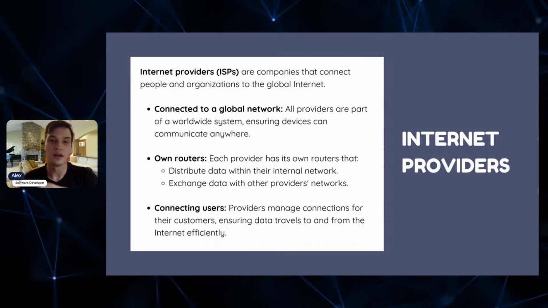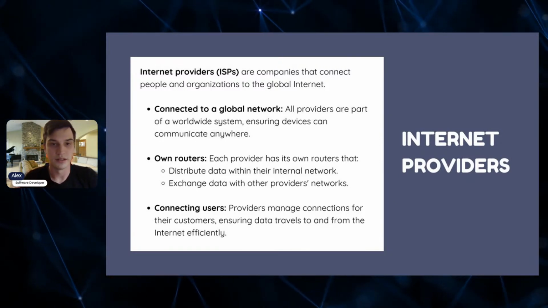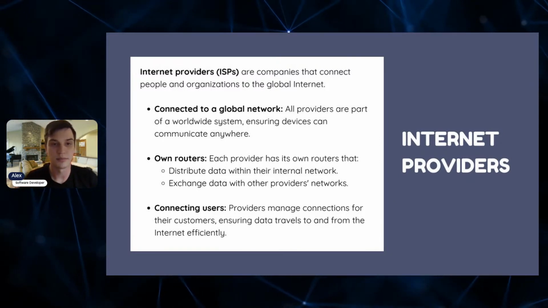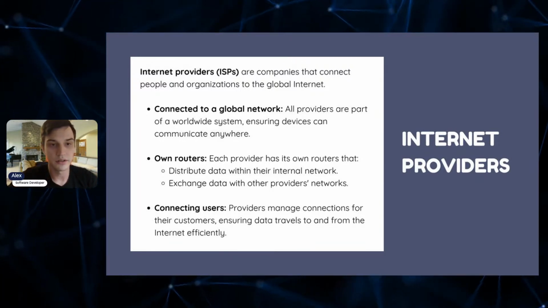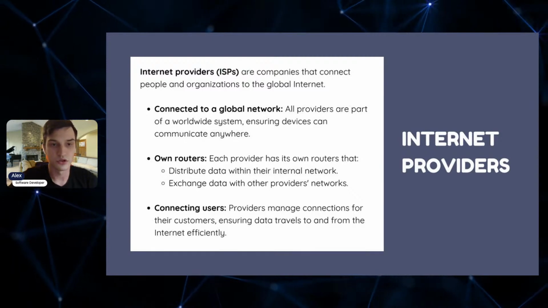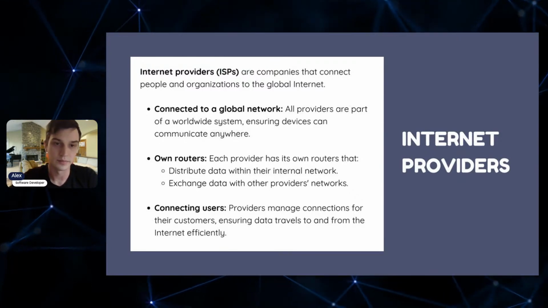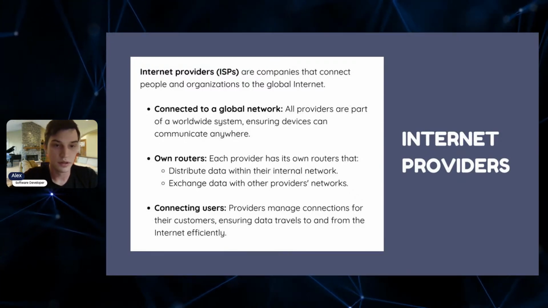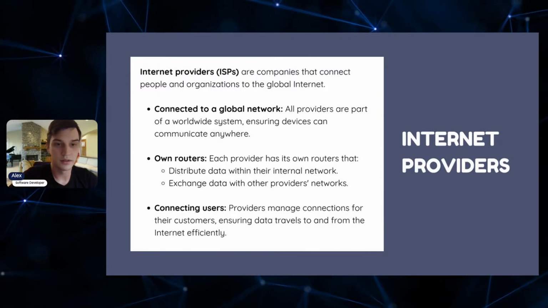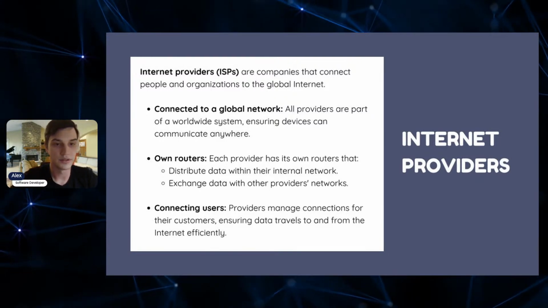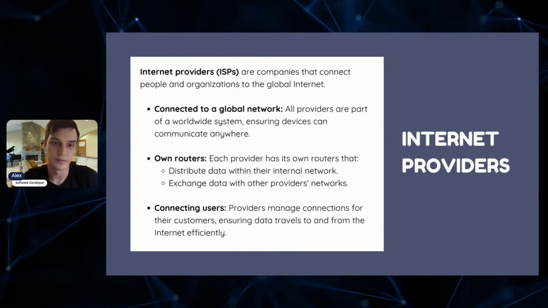I think more. So here come internet providers. What do internet providers do? They connect everyone in a global network. Providers are connected to each other, and I will show you in the next slide. A provider can be described as a router. It takes some data from other providers and from its clients and sends it somewhere else.